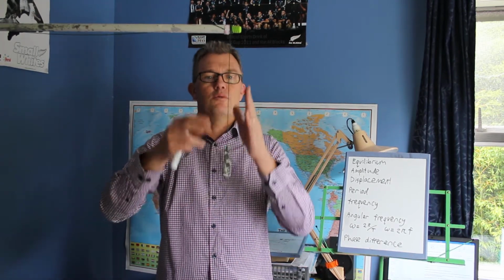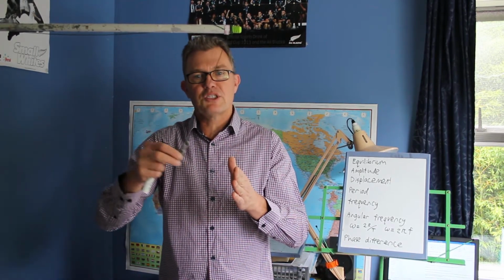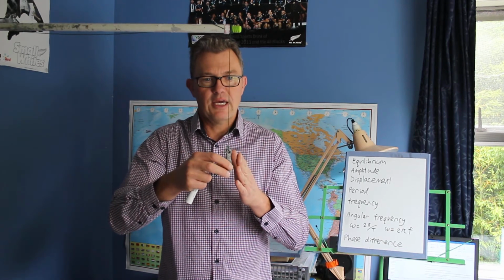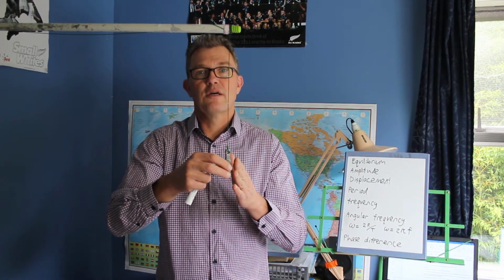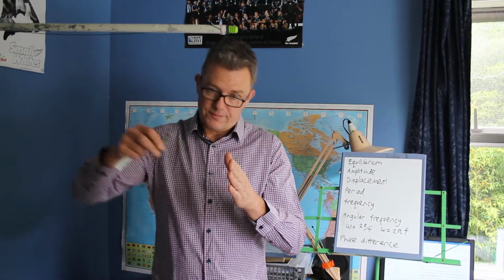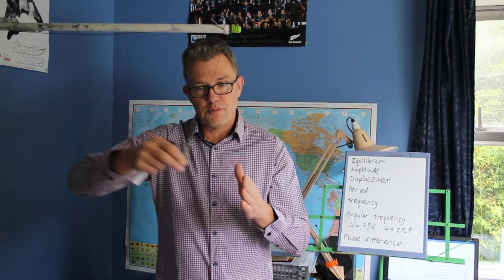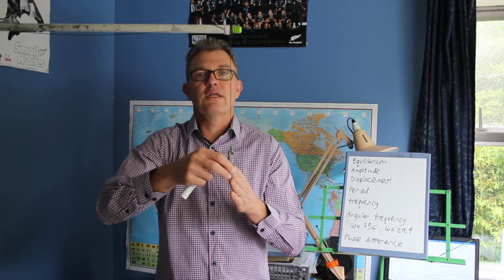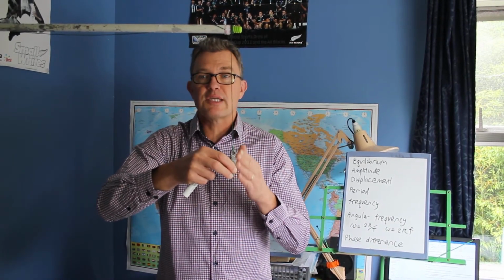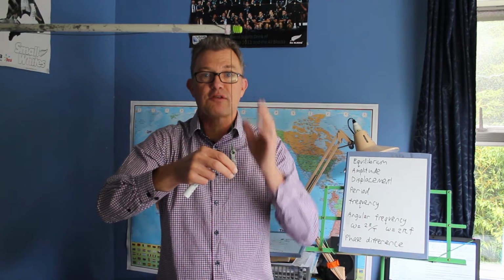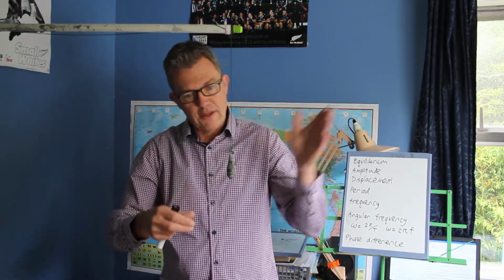I have no idea what the period of this is, but let's just say it's 0.5 seconds. It takes 0.5 seconds to get from here through complete motion back to there again. That's the time taken to complete that motion.